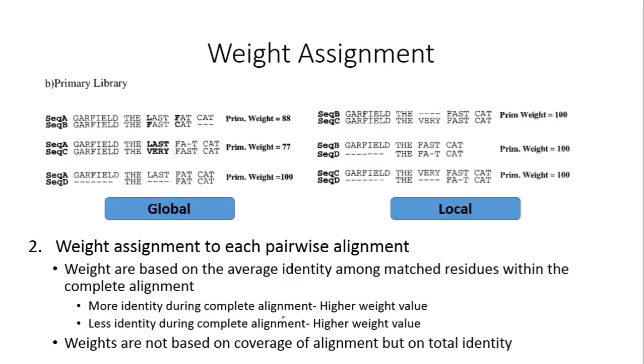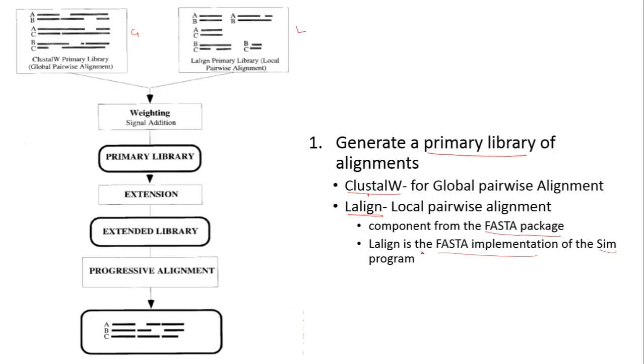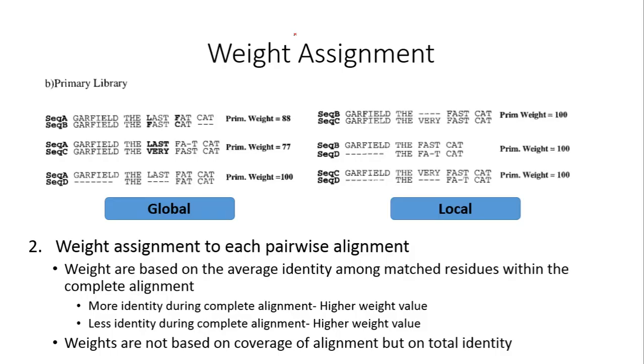So now once you have created a primary library using the information from global alignment as well as local alignment, the next thing you need to do is to assign weights to your primary library. Say, for example, I would just demonstrate how weight assignment is done.